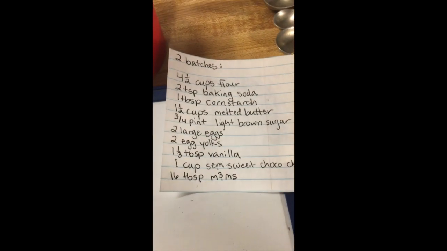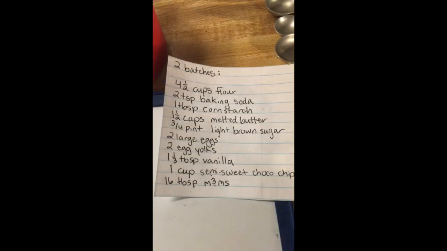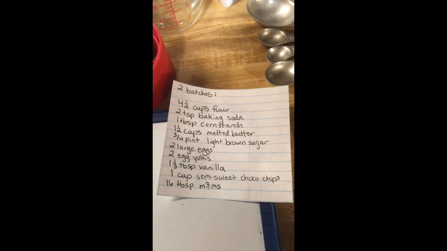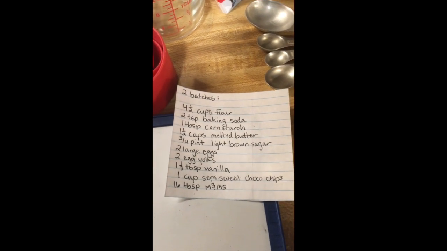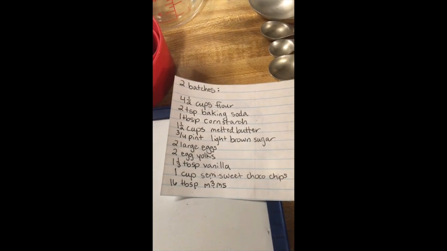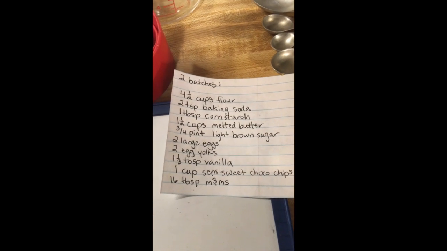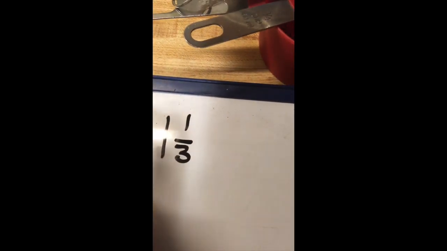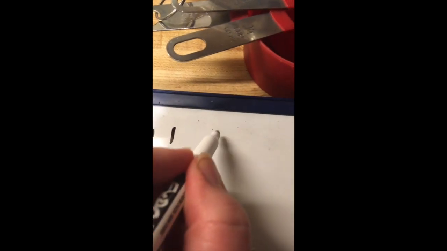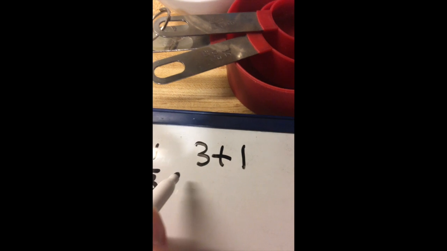But then we get to 1 1/3 tablespoons vanilla. Now, I don't know about you, but I don't like cutting thirds in half. It just feels funky. So I think the easiest way to deal with that one is to convert it into an improper fraction first. So 1 1/3, we multiply our 1 times 3, which is 3, and we add it to the 1 on top.